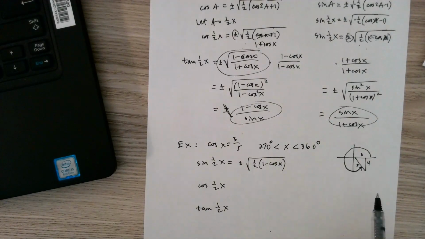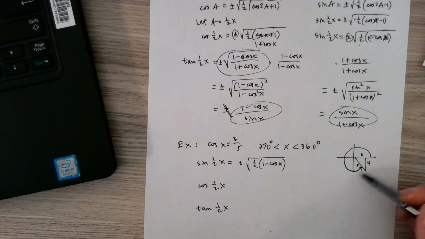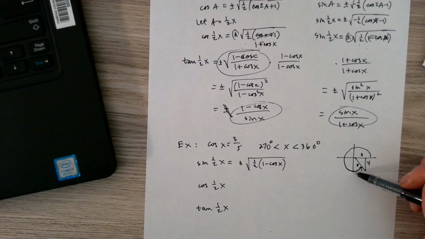But you're asked to find the sine of 1/2 of that angle. Okay, so if the angle is somewhere in quadrant 4, that means from 270 to 360, and we're only finding the sine of half of that angle. That means half of 270. So the minimum would be 135. And then the max would be half of 360, which is 180.